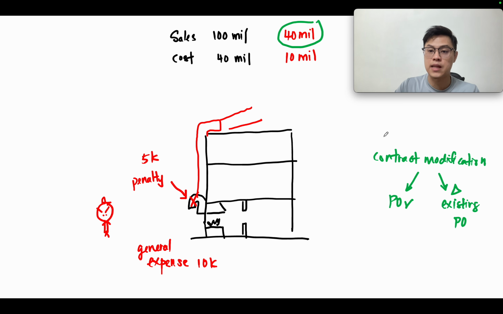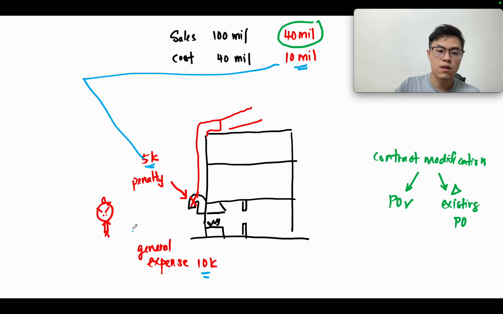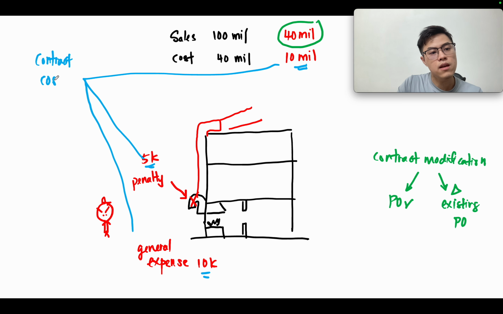We will look at the second part of today. And concurrently, we will have the first part, which is on this 10 million, 5k, and 10k. These 3 items will fall under contract costs, whereby we should either expense them off, or keep them under asset and amortize accordingly.